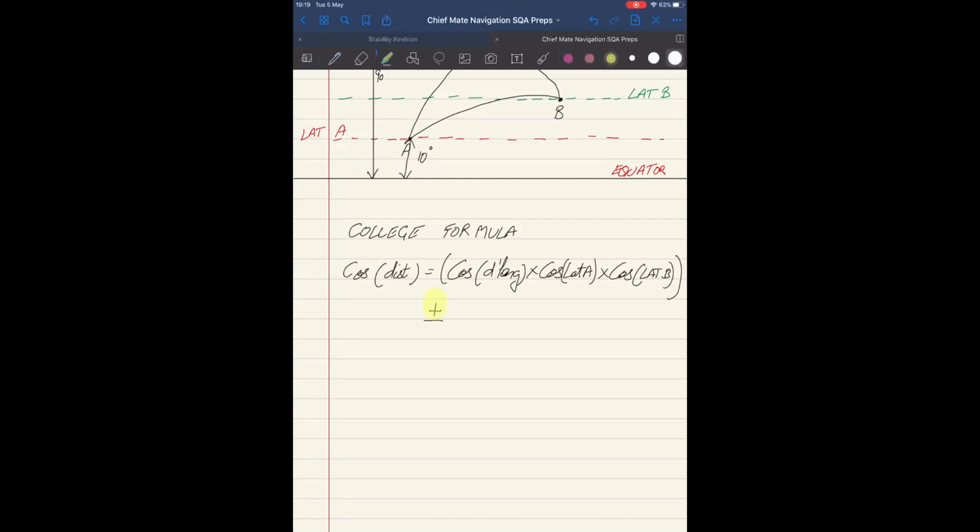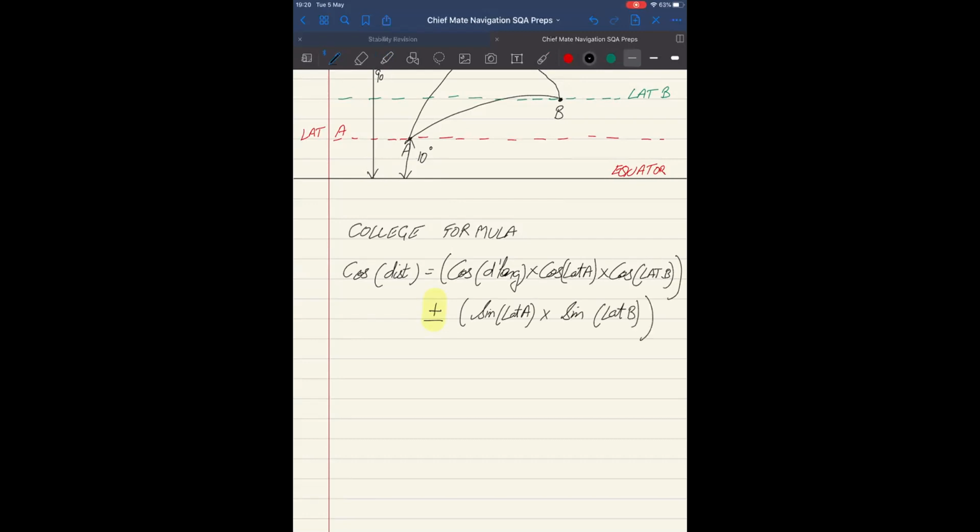This thing is important. Again in brackets, it is sine of lat A multiplied by sine of lat B.